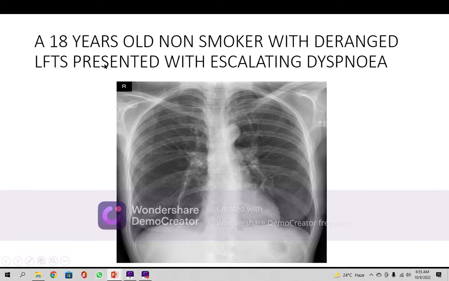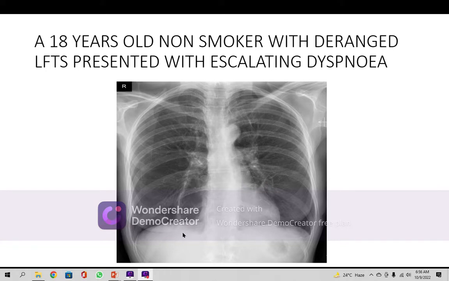But the LFT is deranged, which means something has been going on in this patient to justify our diagnosis. Possibly alpha-1 antitrypsin deficiency can cause the LFT derangement, going on to chronic liver disease, chronic hepatitis or cirrhosis at one time, associated with emphysema. This is not hepatopulmonary or pulmonary hepatic syndrome. No.